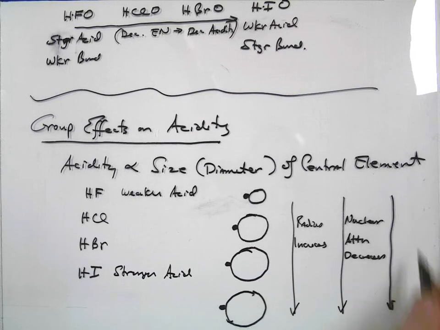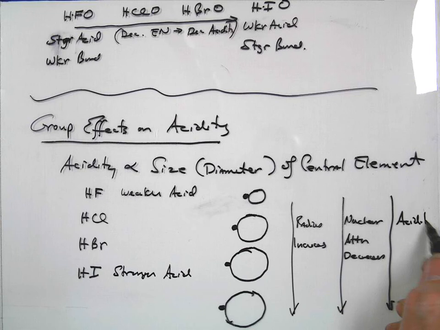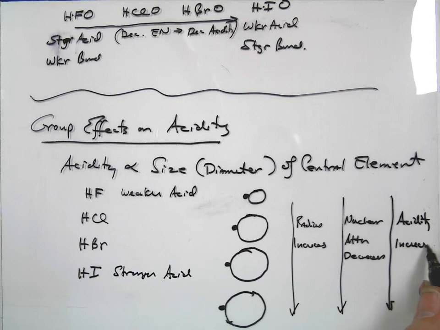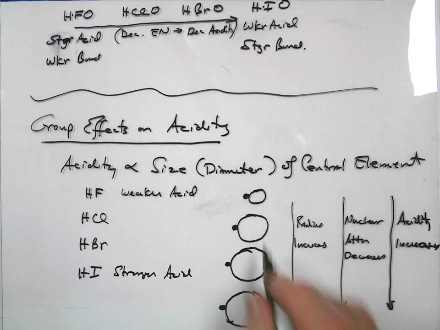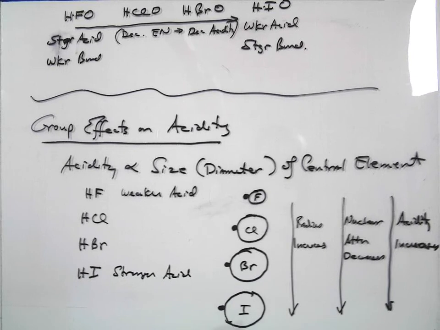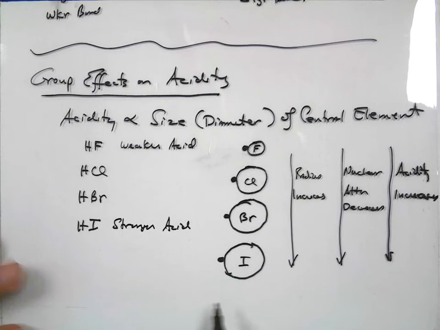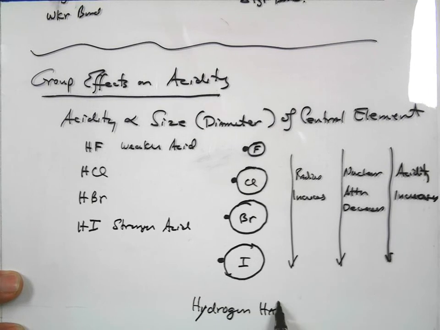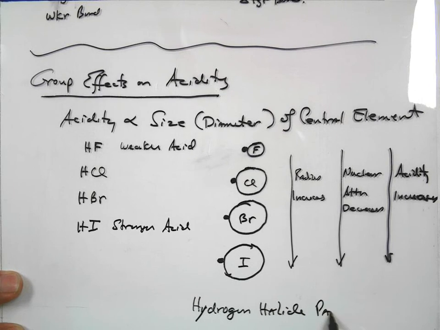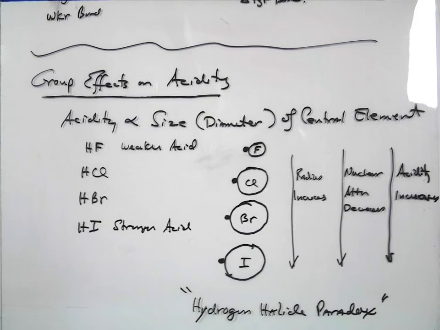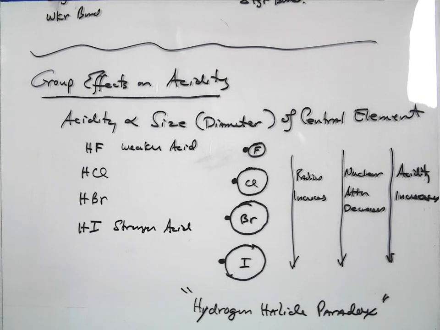And acidity increases. And this is only fluoride, chloride, bromide, and iodide. This is called the hydrogen halide paradox. Very classic type issue, but only occurs as a result of size effect.